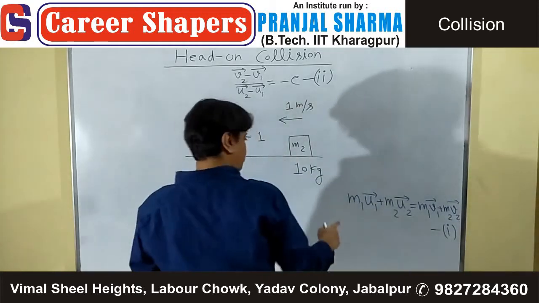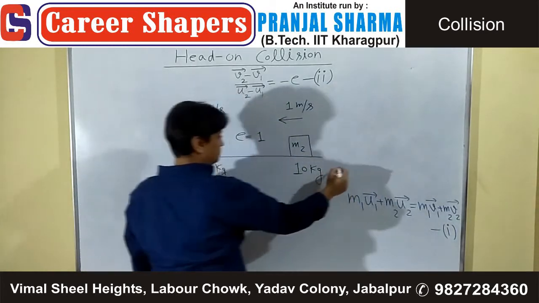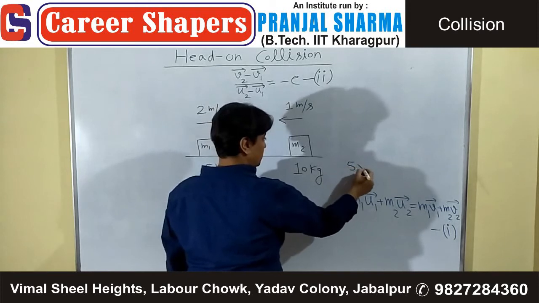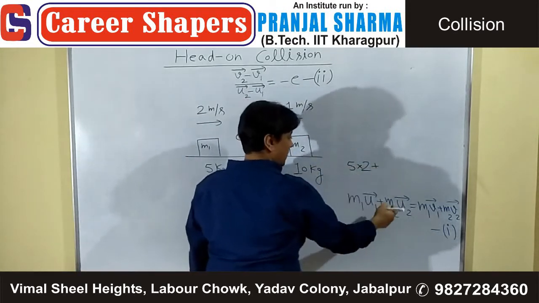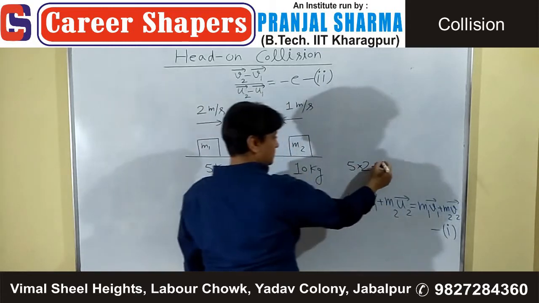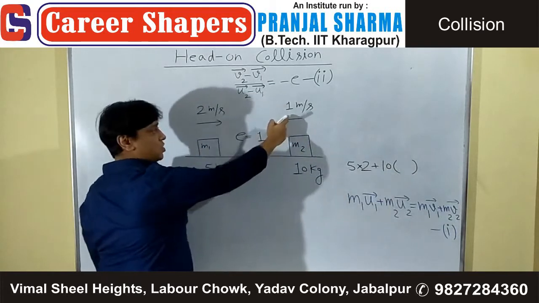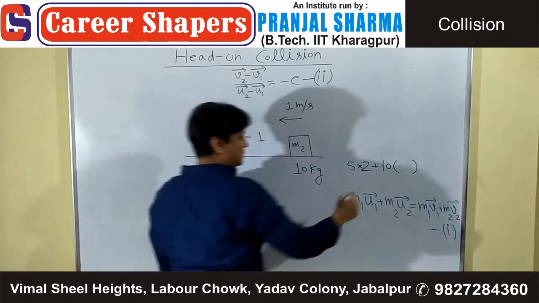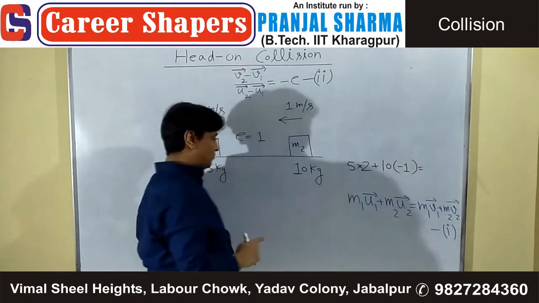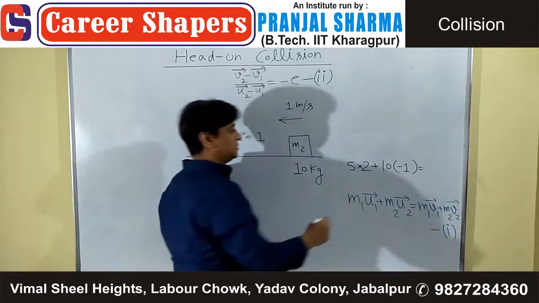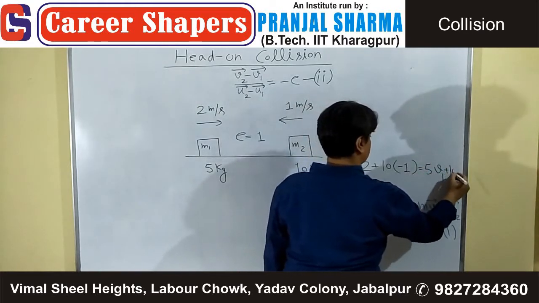Now, look at the first equation. M1 U1: M1 is 5, U1 is 2, M2 is 10, and U2 is not 1, it is minus 1, equals M1 V1, 5 V1, plus 10 V2.